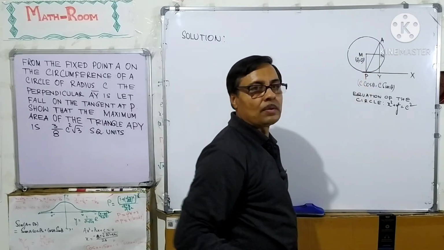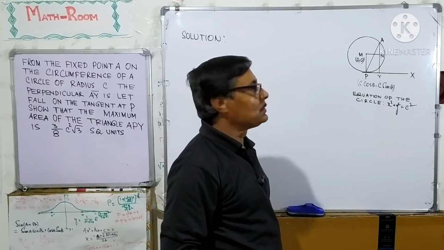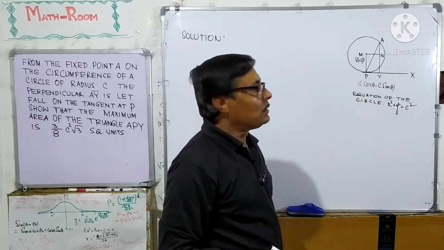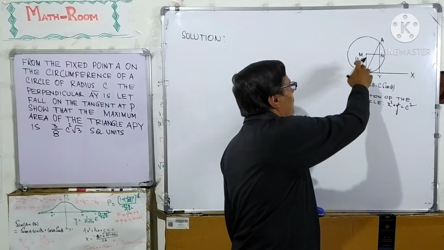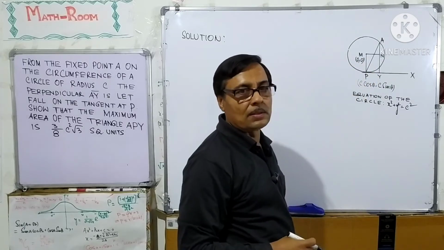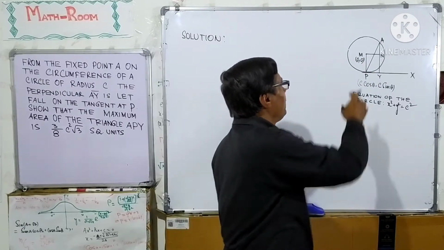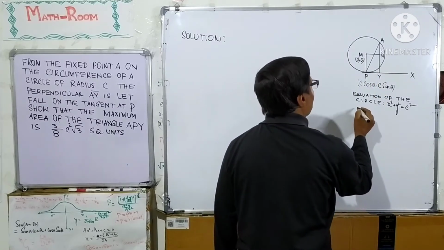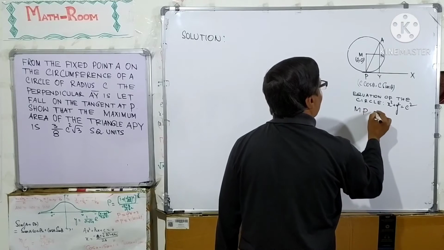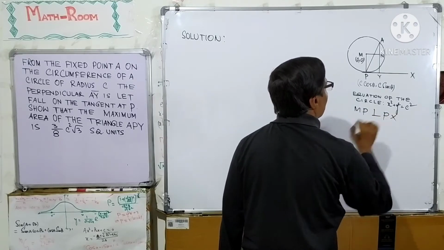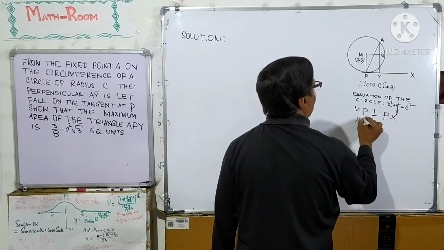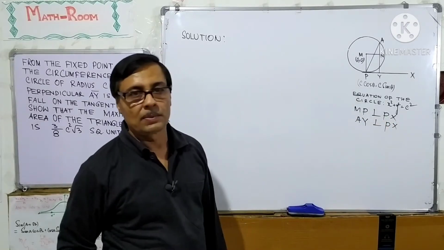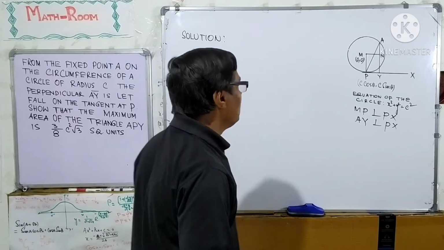MP is also perpendicular to the tangent, because any radius passing through the point of contact is perpendicular to the tangent at this point. So, MP is perpendicular to PX, and AY is also perpendicular to PX.